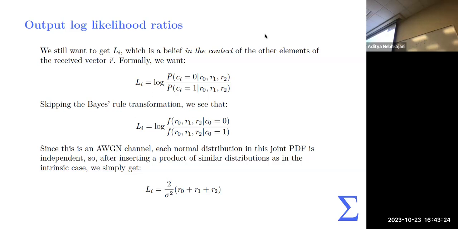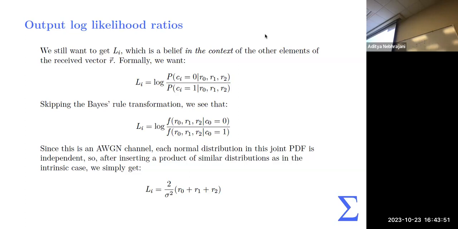The intrinsic one is always the same because you always take a bit, map it to itself in linear block codes. But this extrinsic ratio is much more interesting and harder to do. So the quantity of interest is this: the logarithm of the probability that Ci is 0, given that entire vector, right? So in the context of the entire vector.